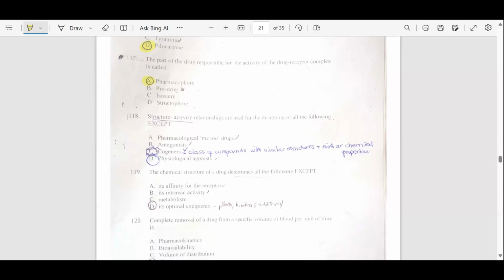So it's two or more chemical compounds or ions that have similar structure and charge distribution, leading to similar chemical properties. I've also seen somewhere they're saying isosteres are atoms, molecules, or ions of similar size containing the same number of atoms and valence electrons. For structure 4, anyone who has gotten it?